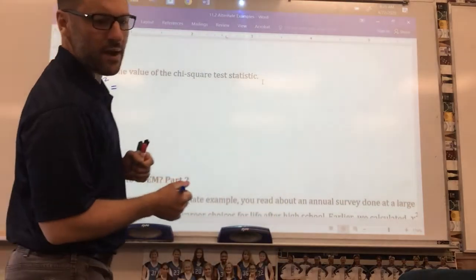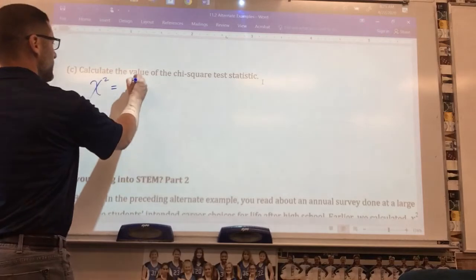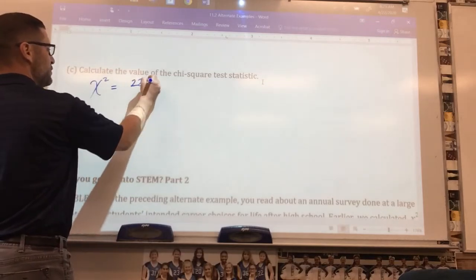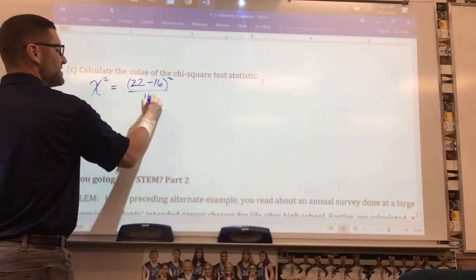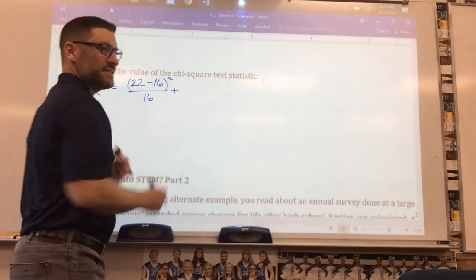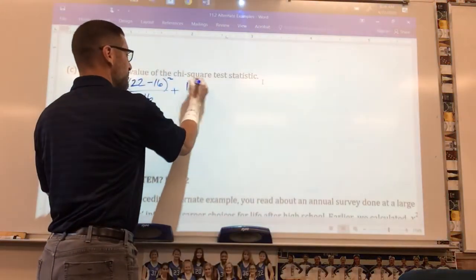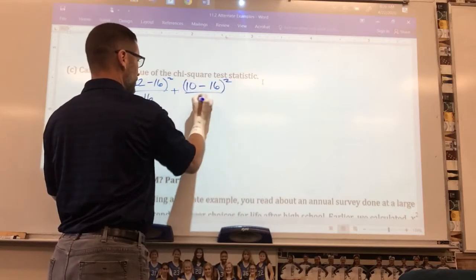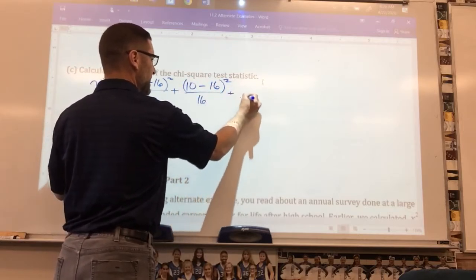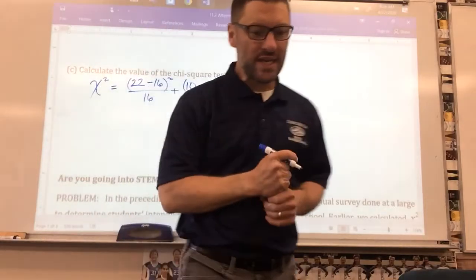So that one is 22 observed in the first cell, 22 minus 16 squared all over 16, plus the next cell over, I have 10. 10 minus the expected in that, you should have gotten 16, all over 16. Dot, dot, dot. And you're going to do that all the way down.